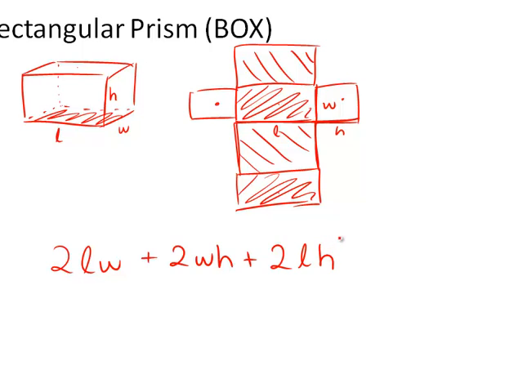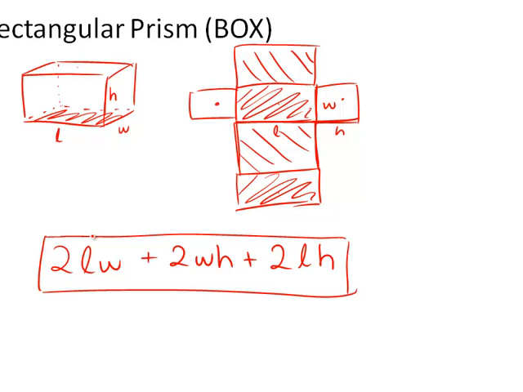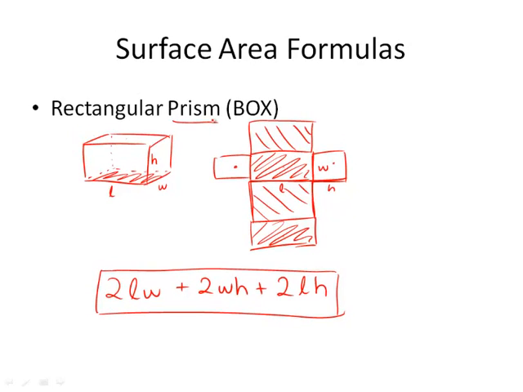So you can see how easily you can create the formula. You don't need to memorize this formula. You basically need to understand that a prism, a rectangular prism, is made of 6 sides, 3 different types of sides, 2 of each component, where you multiply the different dimensions.